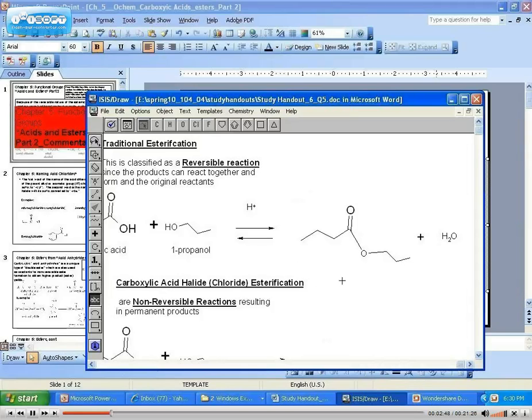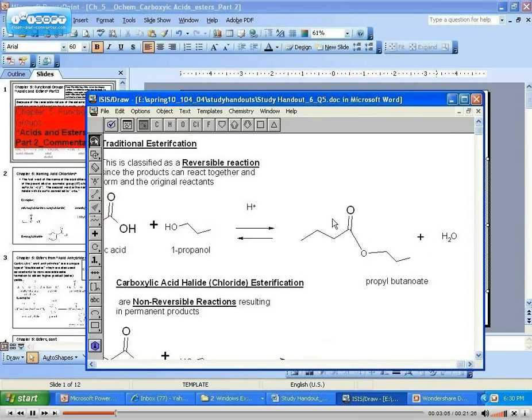Its proper name is propyl butanoate. So just a quick review.